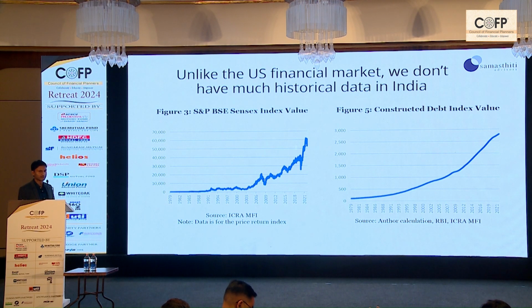So that's a proxy for equity returns. Debt, we have used from 1979 to 1994 fixed deposit rates, and post 1994 there is availability of liquid funds, debt mutual funds. So we have used liquid fund returns post that. So we are able to arrive at a continuous debt index, reconstituted debt index.